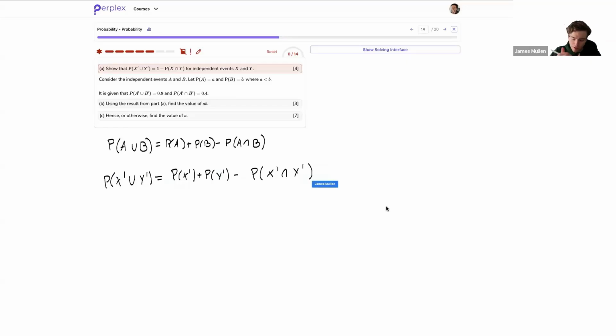Okay, so what next? I can say, therefore, that that's equal to 1 minus P of x, because the probability of x not happening is the opposite of the probability of it happening. Same thing for P of y prime.